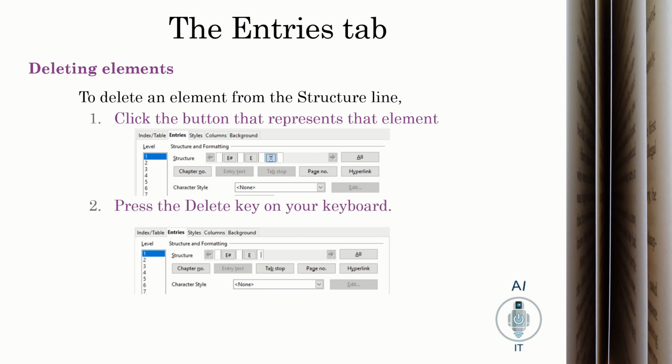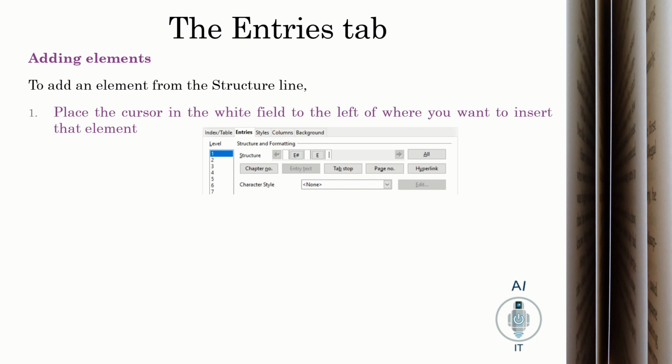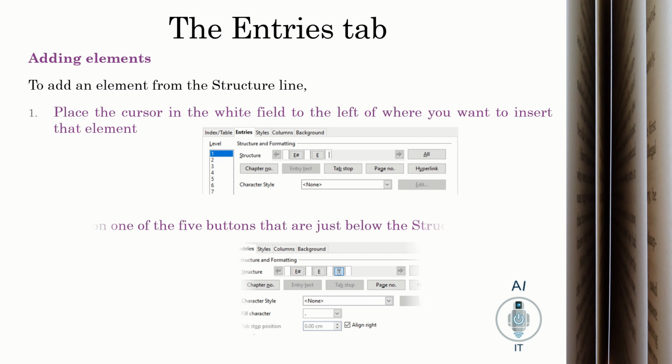Now you can see that key was there and when I press delete it went missing, right? Now adding is very simple. You need to go to that particular level, click in the required place and select that particular option. Now I am clicking next to E and clicking on tab stop. T gets added there automatically.